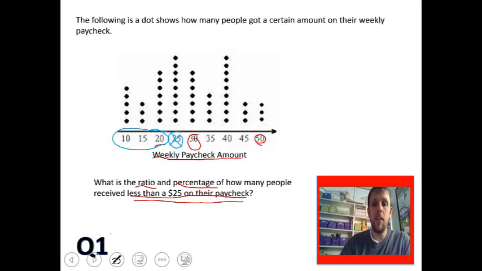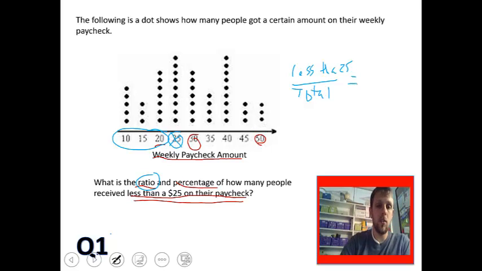But I need to have a ratio, which is a relationship between two numbers. So I'm going to create a ratio. Normally in a ratio, it's the total, and then in this case, it's the ones that are less than 25.